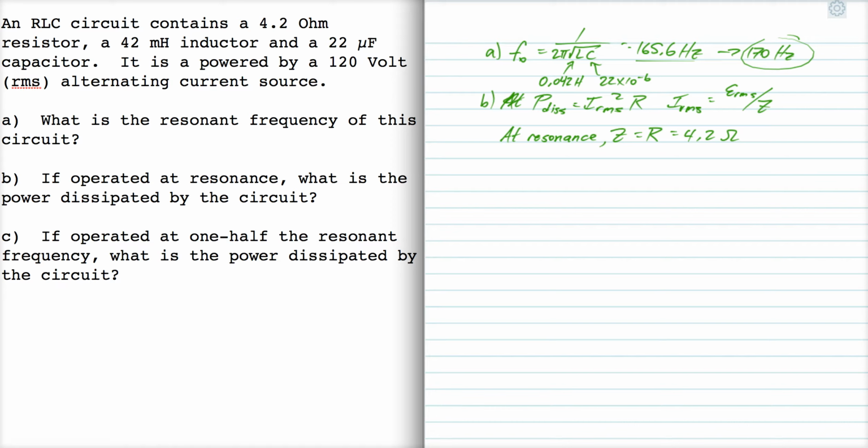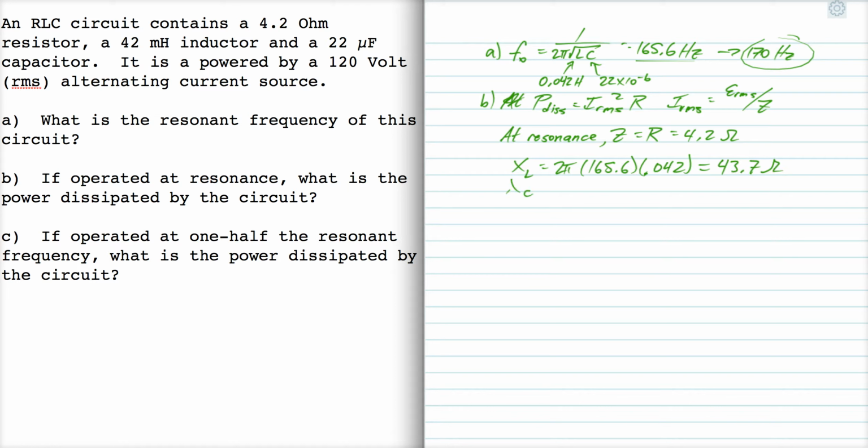And you can verify this. I mean, you can calculate X sub L and X sub C. Just for grins, we'll do that. So X sub L is 2 pi times 165.6 times 0.042. Okay, if I multiply those out, I get 43.7 ohms.